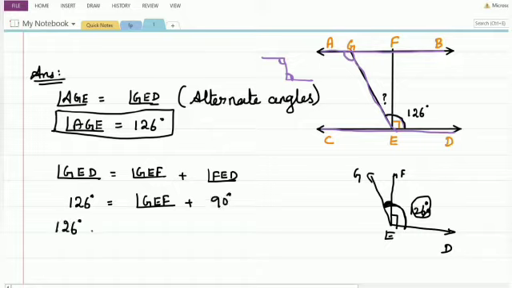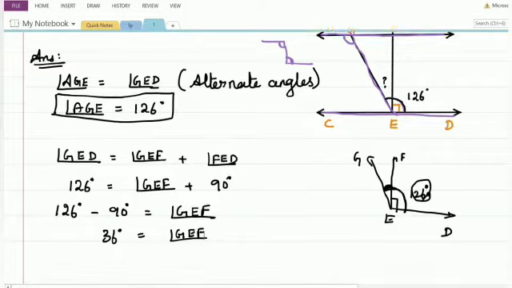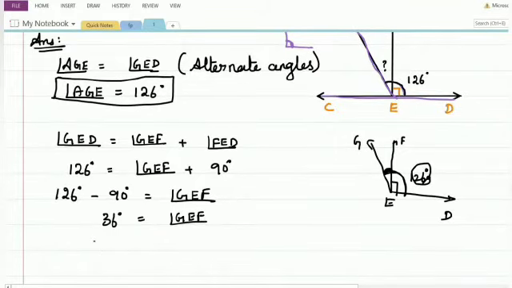So 126 degree minus 90 degree equal to angle GEF. So when you take positive to other side, it will become negative. So just subtract. When you subtract, this will give me 36 degree equal to angle GEF. So we have found second part, that is angle GEF equal to 36 degree.